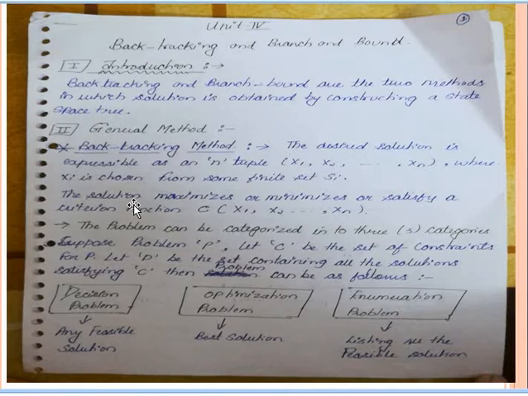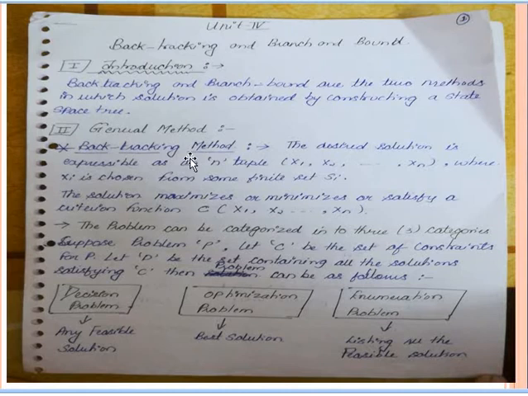These are all the algorithm strategies that we use in order to find the solution to an original problem. So backtracking is one method and branch and bound is another technique. The branch and bound technique I will discuss separately. Here in today's session my focus is on the backtracking technique only.